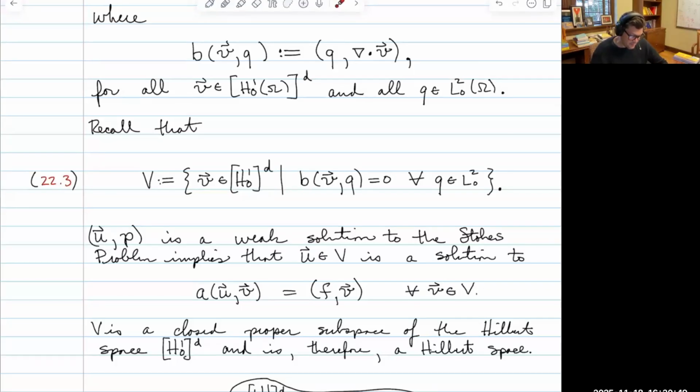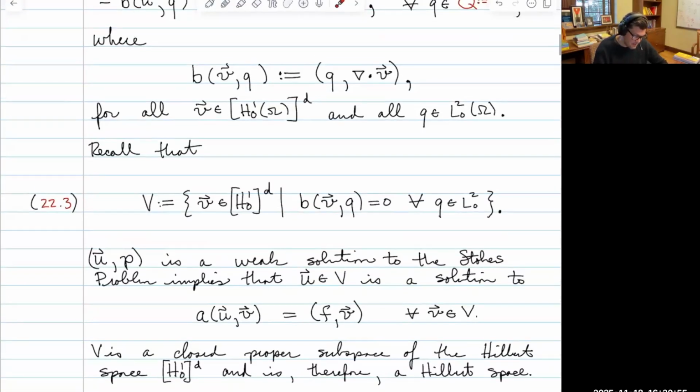It's the set of all V such that when I look at this bilinear form, which is just an L2 inner product, in other words, when I take Q against the divergence of V in the L2 inner product, I get 0. So we're looking for all V such that this happens for all Q in L02.